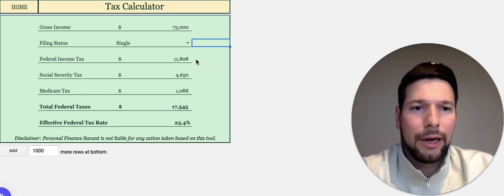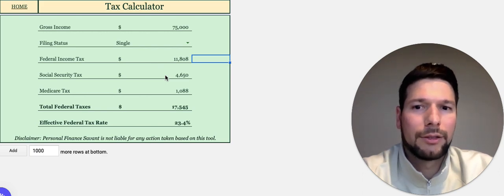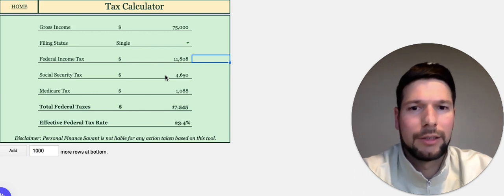But then it's going to calculate out what your total federal income taxes will be due. In this case, nearly $12,000. How much you're going to pay to Social Security tax, which is basically money that's going for your future retirement, things like disability and unemployment insurance, if you were to need that in the future.